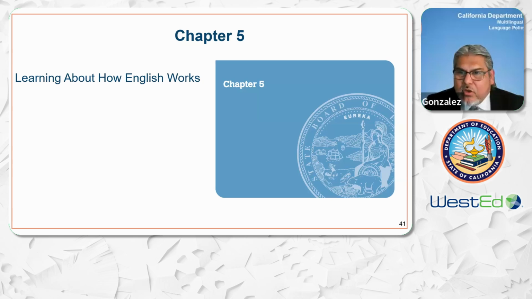So when they're producing written text and oral presentations. So super powerful. Students need to know how to use the language. That's the design of the part 2 standards. And so this would be a really interesting chapter to read.